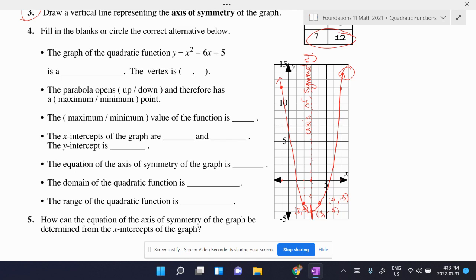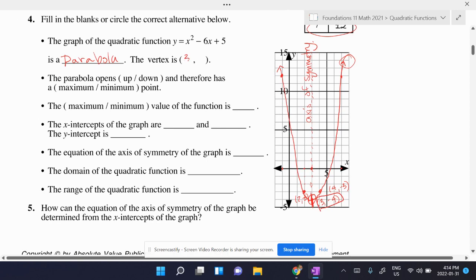All right, number 4, fill in the blanks or circle the correct alternative below. Okay. The graph of a quadratic function, y equals x squared minus 6x plus 5, is a parabola, like all quadratic functions. The vertex is this lowest point right down here, so that is 3 and negative 4.